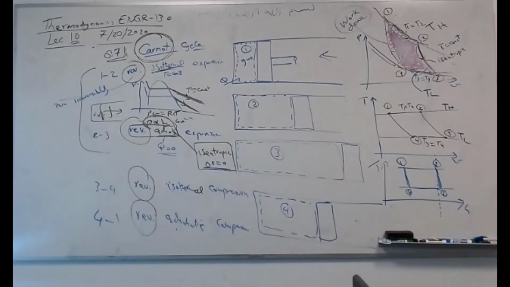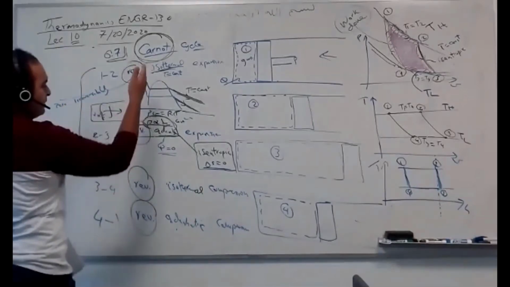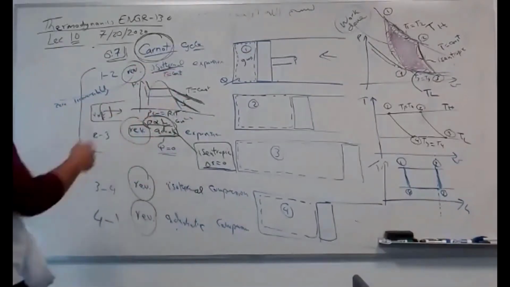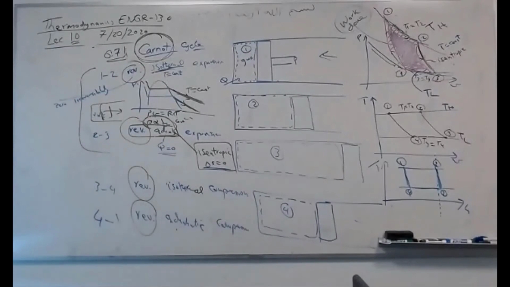The Carnot cycle is the most ideal cycle you will ever have. It has 4 stages: reversible isothermal, adiabatic, isothermal, adiabatic, as is shown here in the PV diagram, TV diagram, and TS diagram.